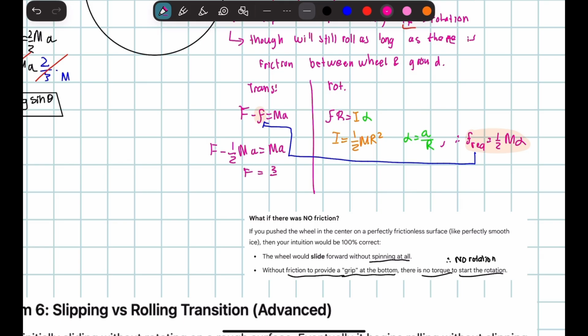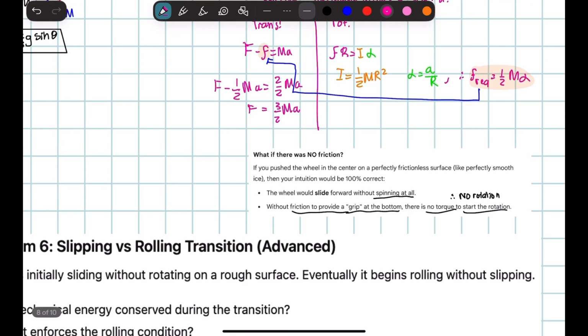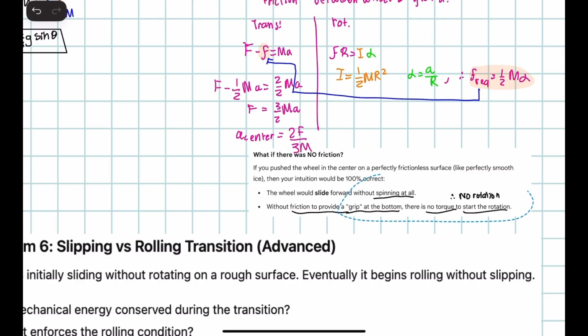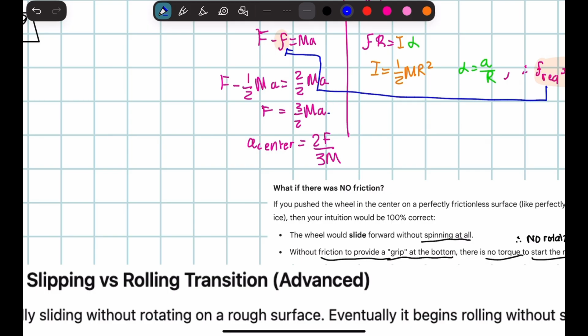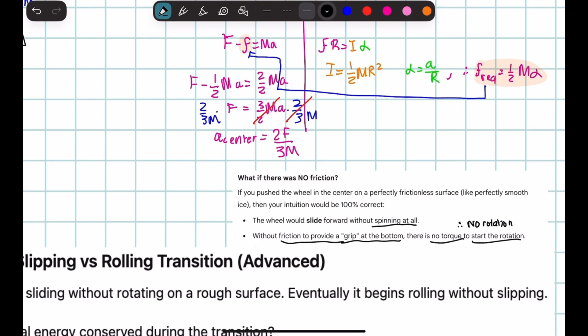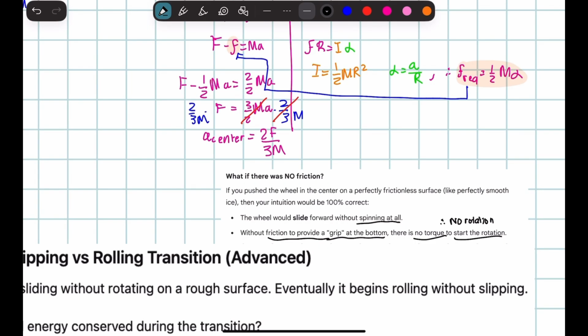F is going to equal 3 over 2 ma, because this is just 2 over 2 ma. Therefore, the a at the center is just equal to 2F over 3m. That's because you have 2 over 3.